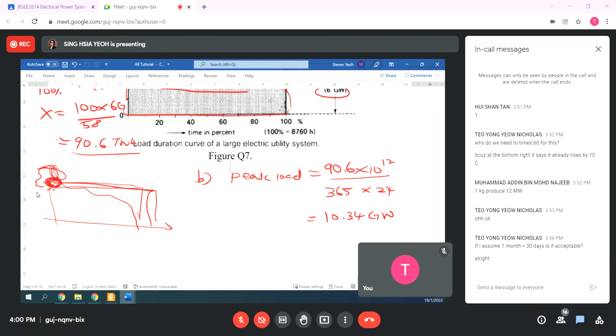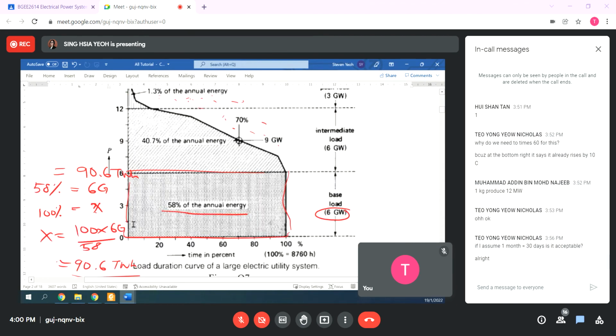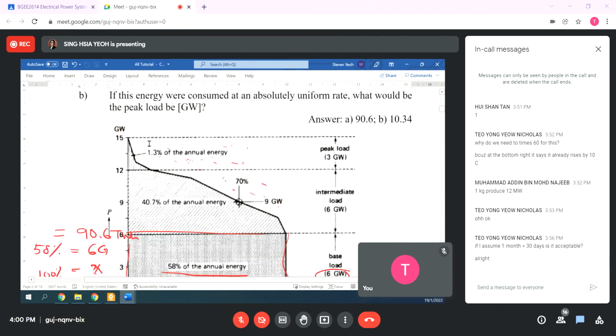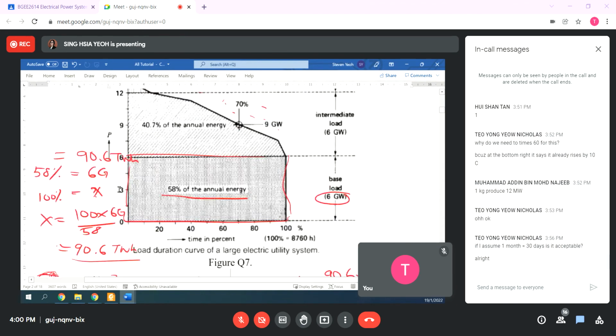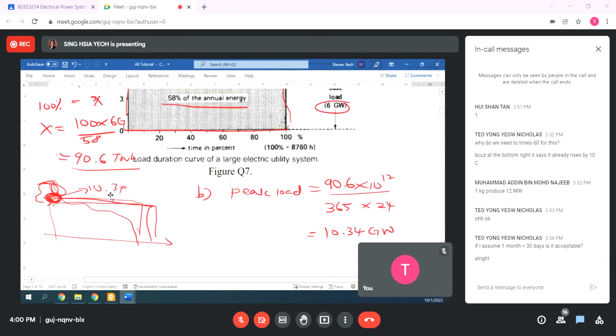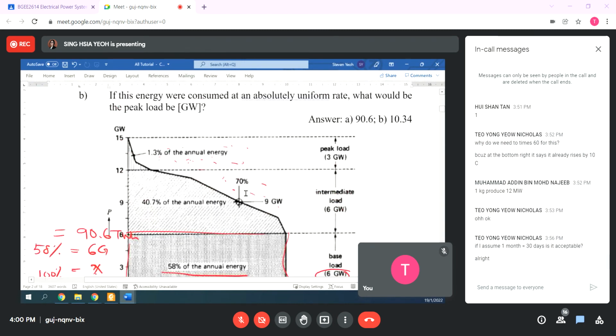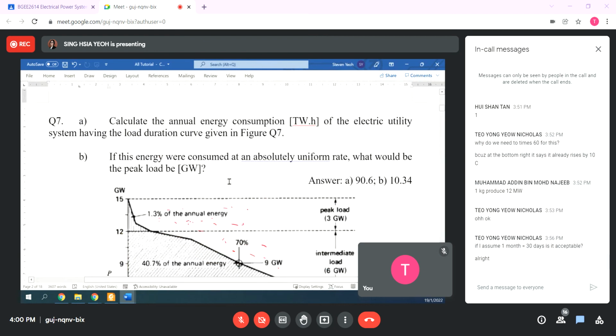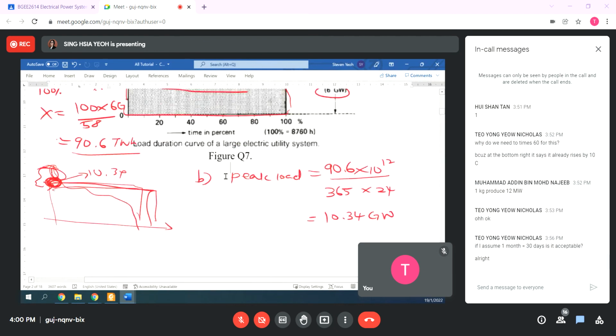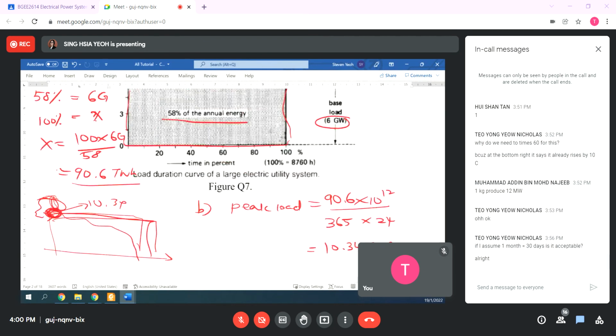So that means this point here is 10.34, instead of just now, I think just now is 15, right? So now it is put down to 10.34. Means some of them here come here, a few up here, then everything will be uniform. So they said they want a uniform rate. Any question? Anyone can understand?